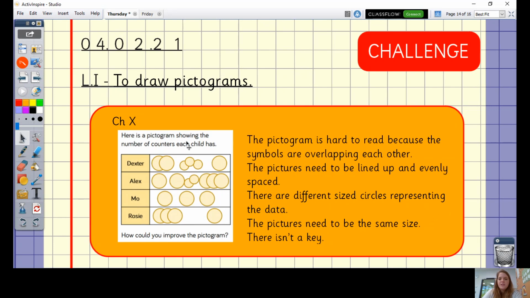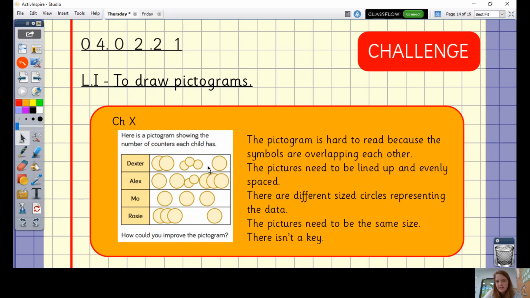Okay, so this pictogram is hard to read because the symbols are overlapping each other. So that's one reason. Here you can see all the symbols are crossing over one another. The pictures need to be lined up and evenly spaced, so a nice same amount of space between each symbol. There are different size circles representing data.